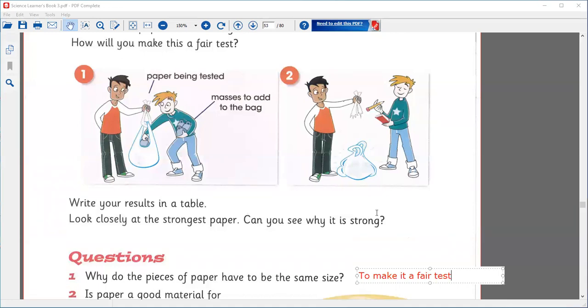If you want the accurate and correct answer, you can use the same size paper.